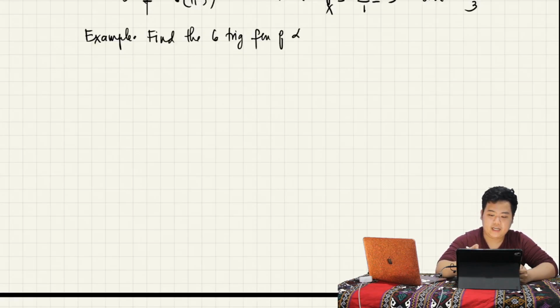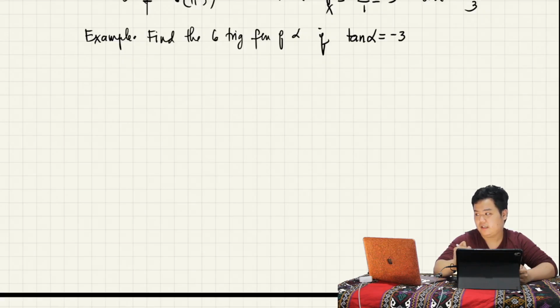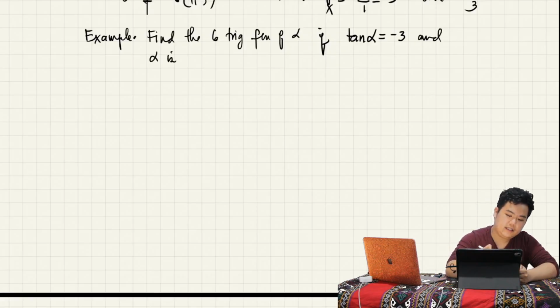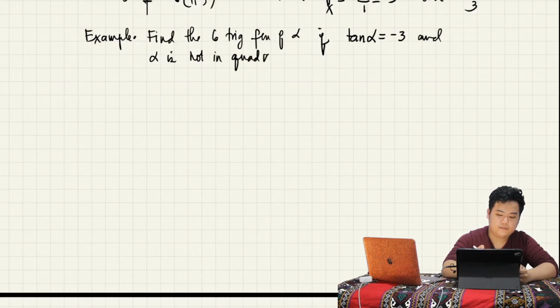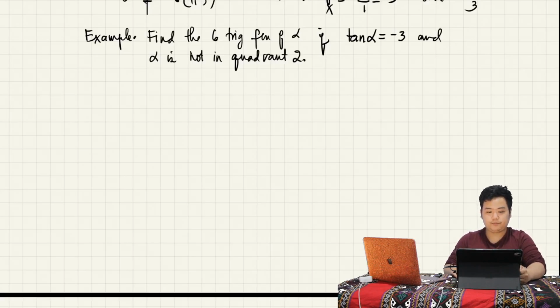But what is given is, let's say, your tangent alpha is negative 3, and alpha is not in quadrant 2. Okay?